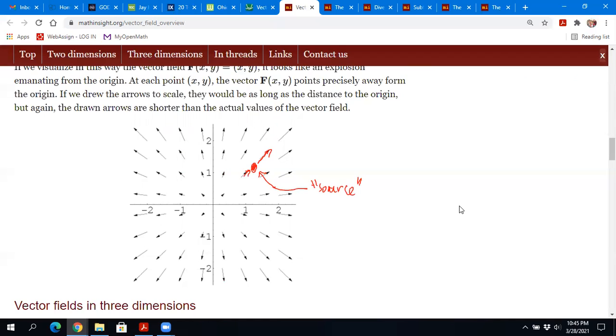Seems like creation of fluid or expansion of the fluid is happening there. But it's also possible to have contraction of the fluid there, which you would call a sink, okay? And there's going to be something called the divergence of a vector field. It's going to tell us about that. That will measure whether or not certain points happen to be sources or sinks in the vector field, okay?